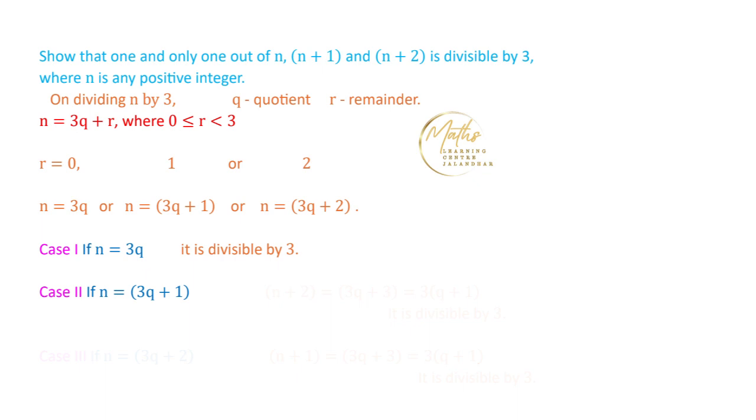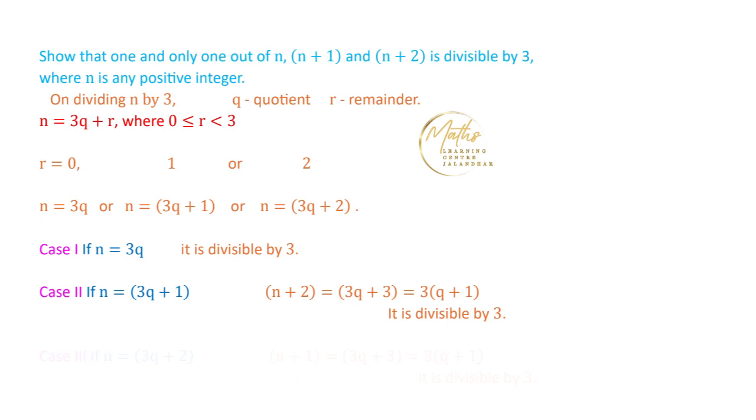But if we calculate the number n plus 2, the answer we obtain is equal to 3q plus 3. If we take 3 common, we can write this as 3 times q plus 1, and this number is divisible by 3.